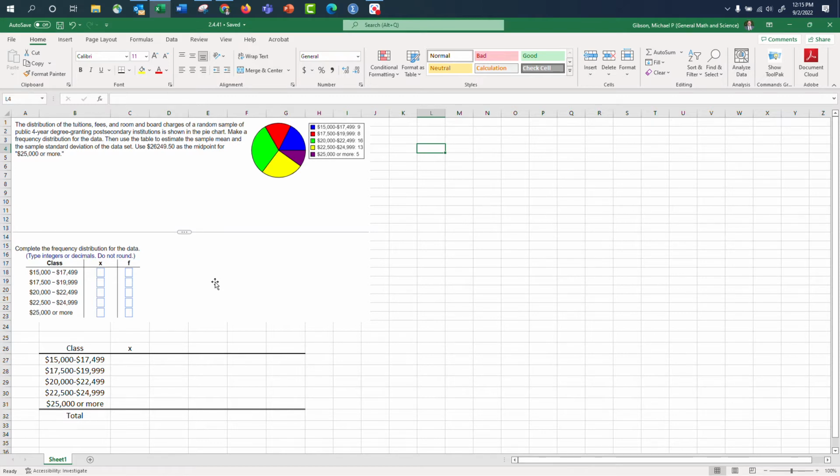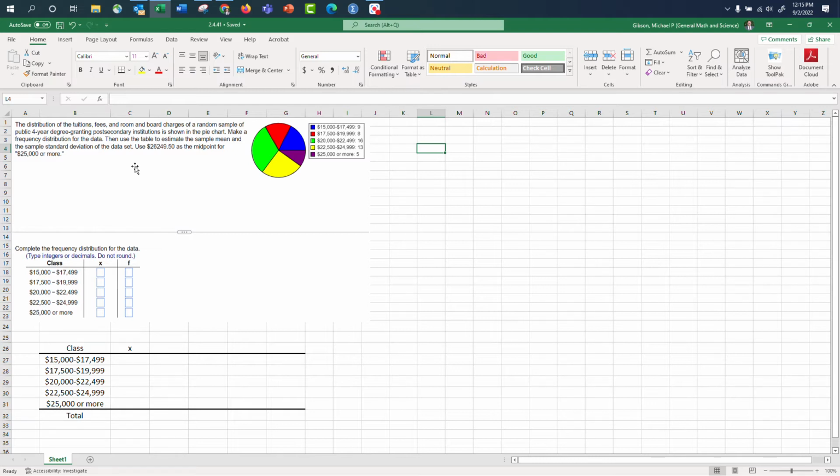Okay. So I'm just going to work through this one. This one's also a little bit odd in terms of the way it gives us information, but they do give us the information to fill out the table. So let's read the question. The distribution of the tuitions, fees, and room and board charges of a random sample of public four-year degree-seeking postsecondary institutions is shown on the pie chart.